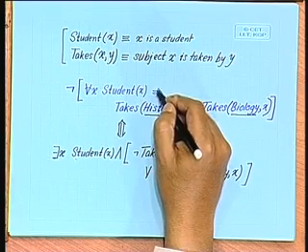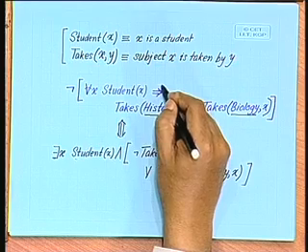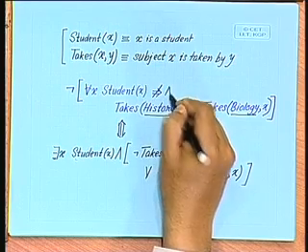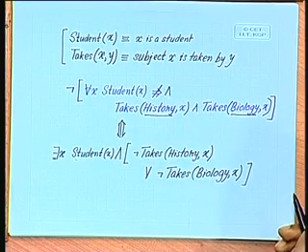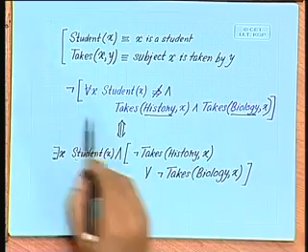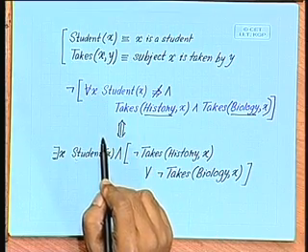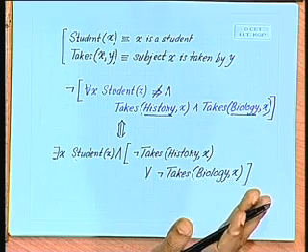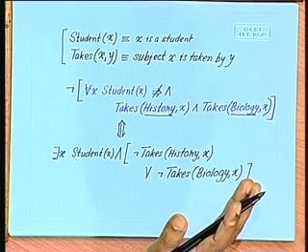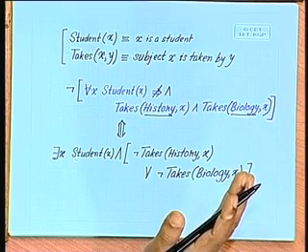Okay, let us see. Suppose instead of implication, if we had and here, then we have a problem, because then every x has to be a student, but every x in the universe is not a student, right.